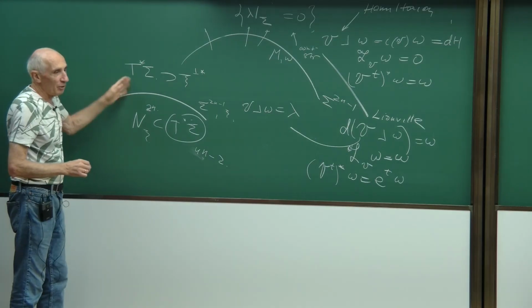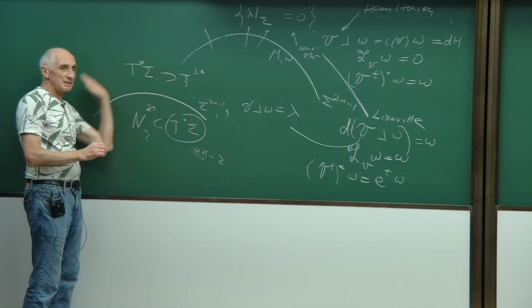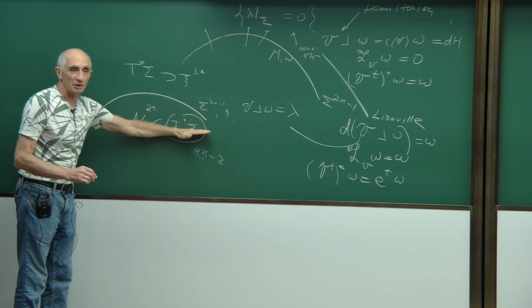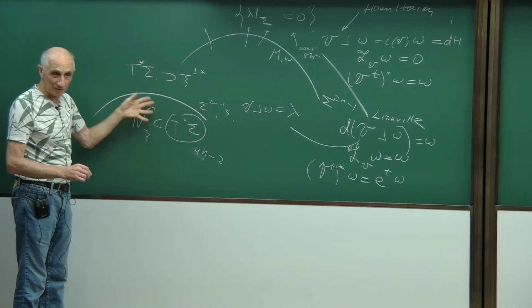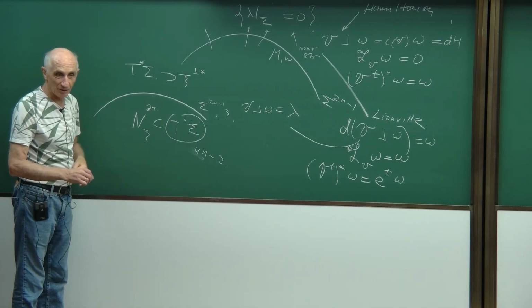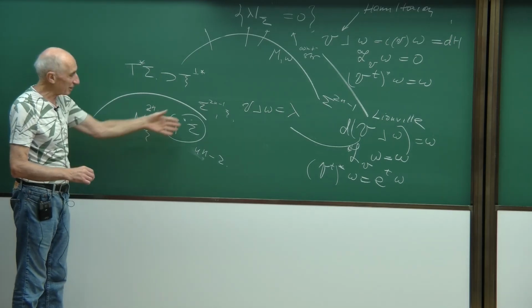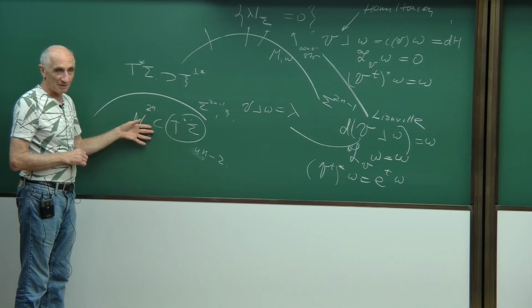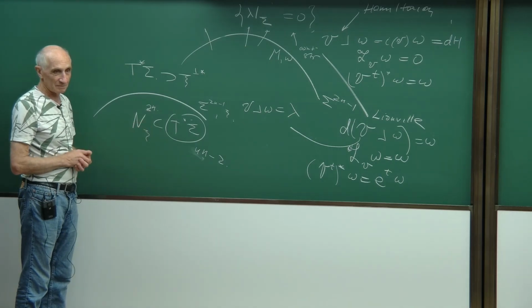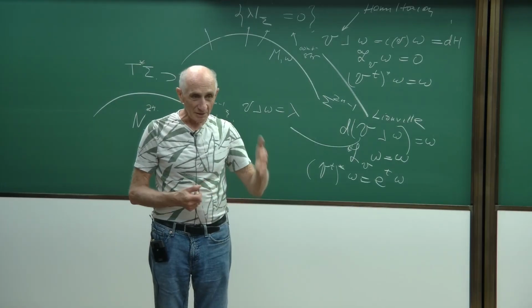Now I am asking, is this a symplectic submanifold of the cotangent bundle with the canonical symplectic form or not? The answer, of course, is not. Why? It can never be a symplectic submanifold. Not half dimension? No, it doesn't matter, it's even dimensional. So why can this not be?